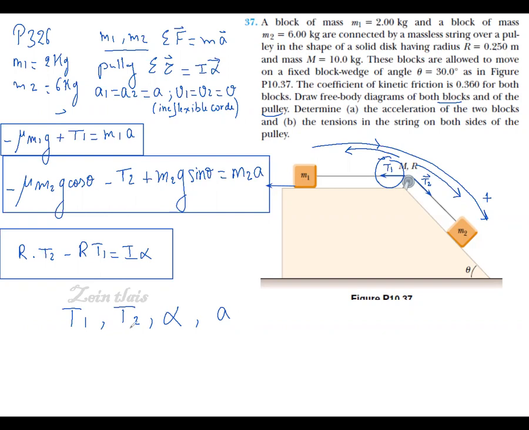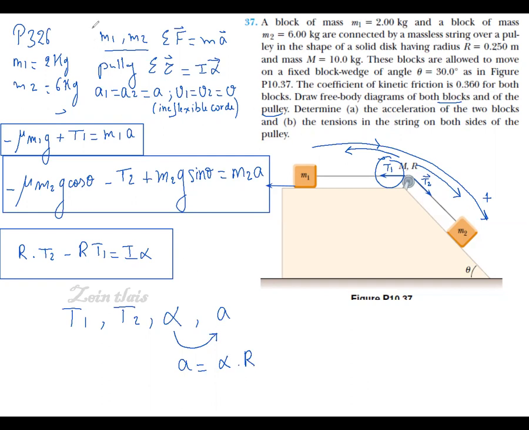We cannot find the values of these parameters because we have four unknowns for three equations. What can we do? We can change alpha in terms of A. You know, A equals alpha times R.